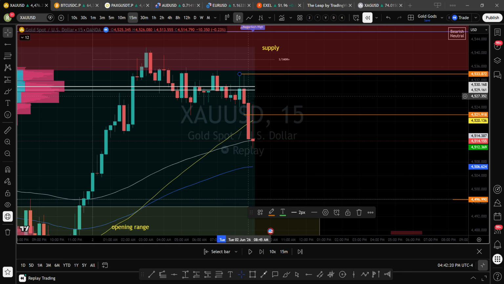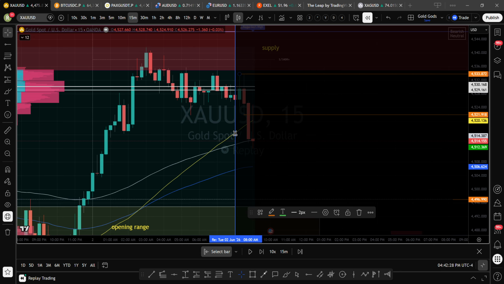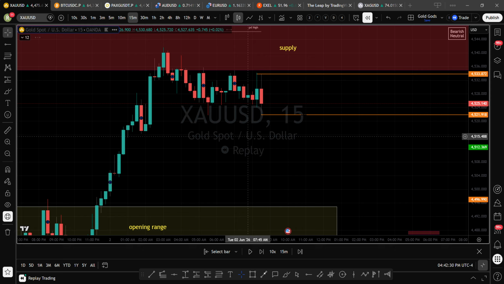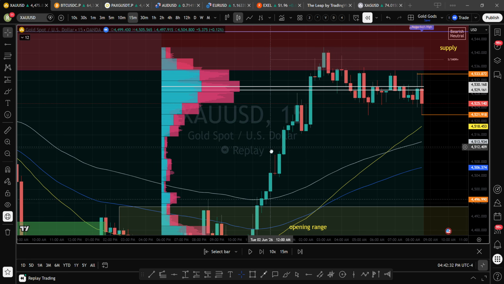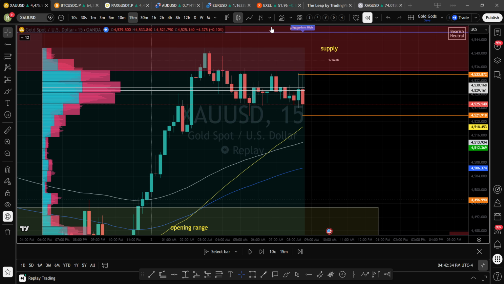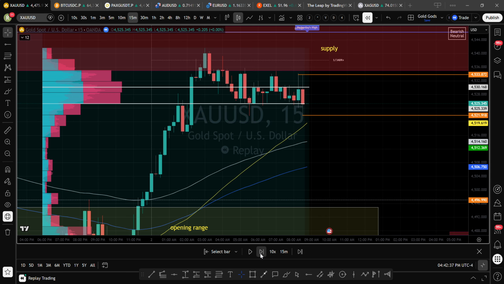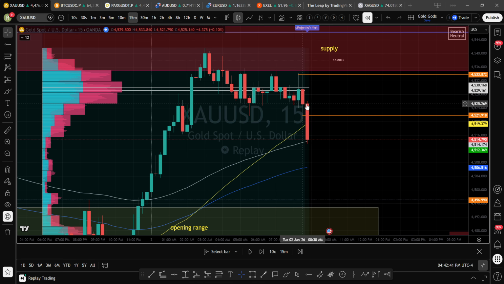15-minute wicks are good for stop losses. So we go back one candle again. We're going to go back one candle. Right? We're here. So we put our entry here, our stop loss here.